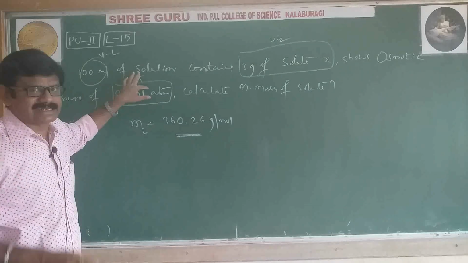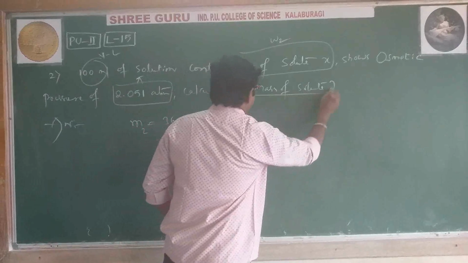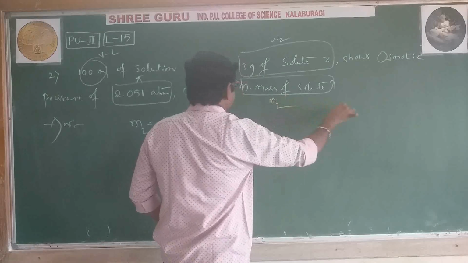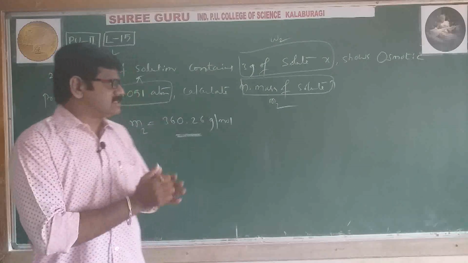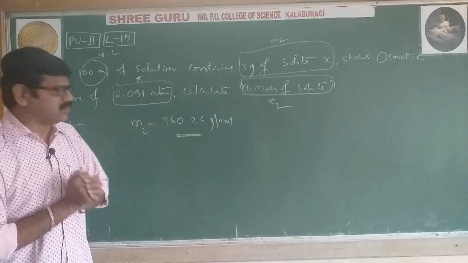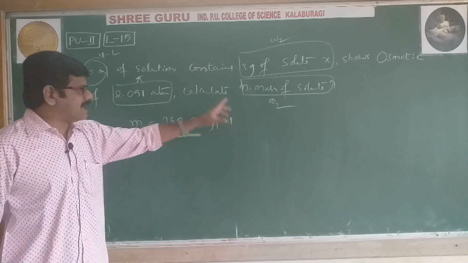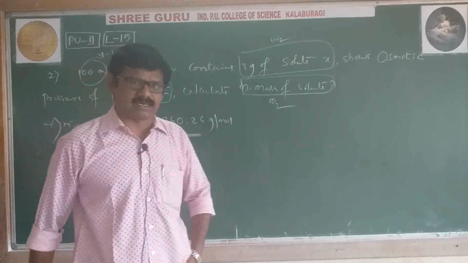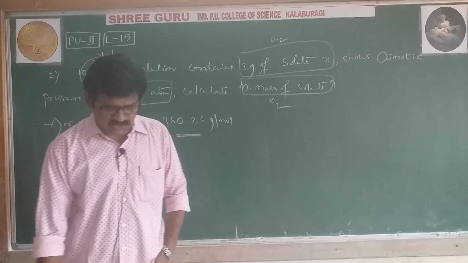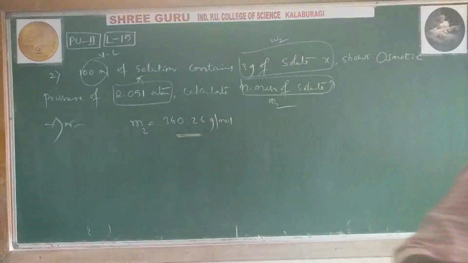Again it asks for the molar mass of solute, M2, with the same formula and same type of calculation. If you do it, you will get the molar mass 360.26 gram per mole. This is your homework. It's quite similar, there is no difficulty in this question. I will take the next question then.